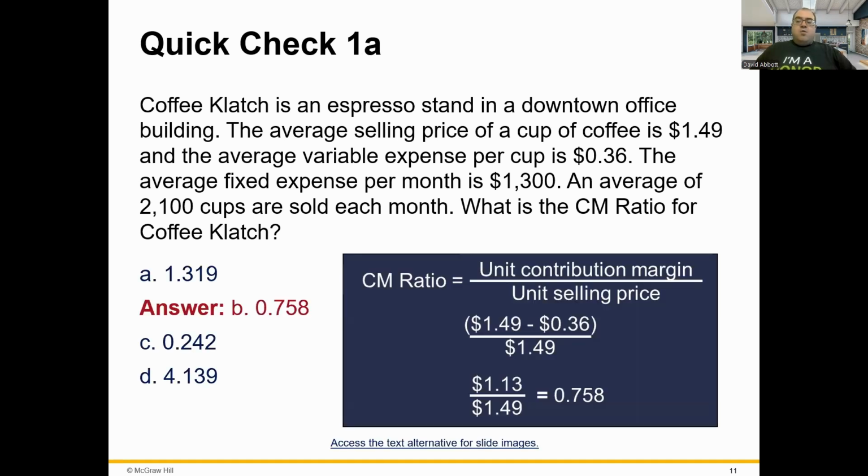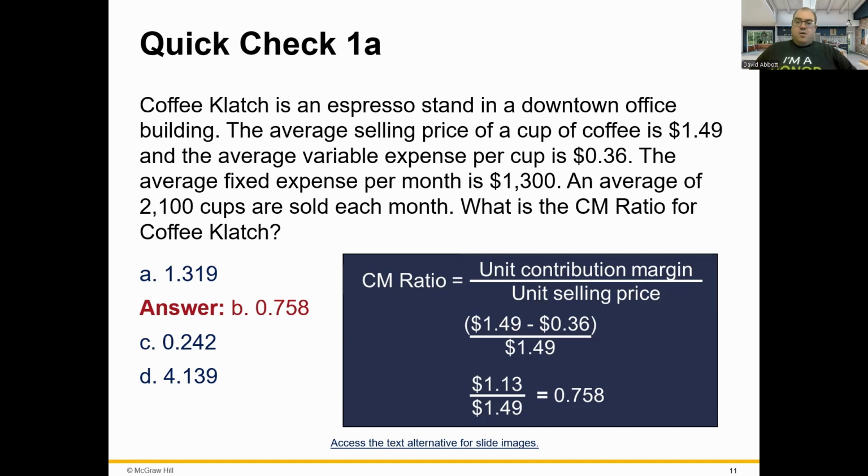And so in order to do this, we're going to calculate our CM ratio by taking our unit contribution margin divided over the unit selling price. And so the contribution margin is going to be our selling price minus our variable expenses. So $1.49 minus 36 cents is $1.13.